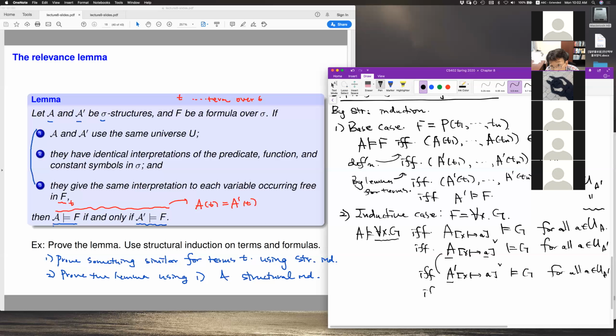Then at this point, if you just repackage it using the definition of the satisfaction relation, we get A prime satisfies for all X G. So here we use the induction hypothesis.